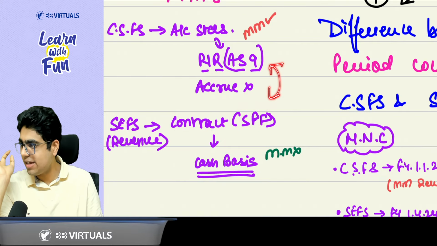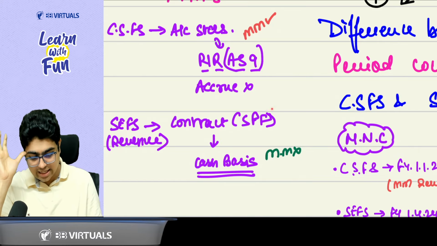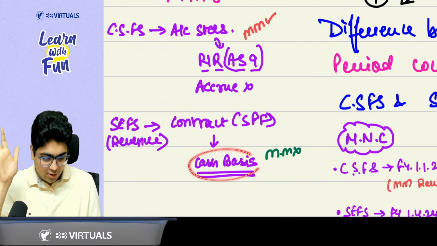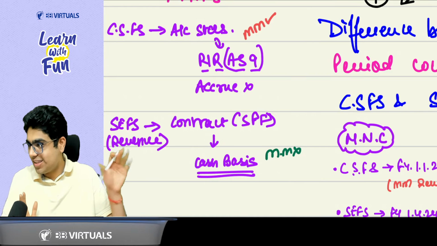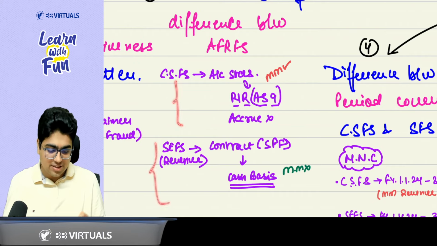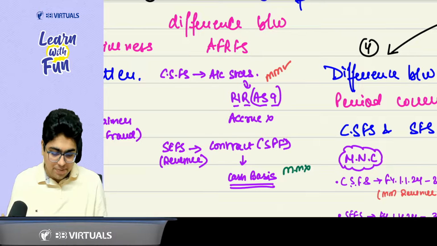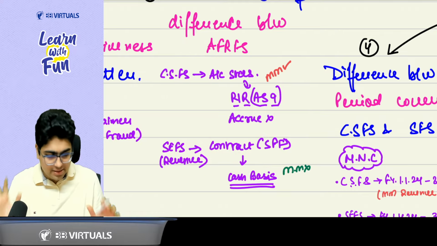Can I say the FRFs are different? Yes, sir. Here the FRF is accounting standards; here the FRF is the contract. The contract says revenue should be recognized on a cash basis only. So can I say there is no material misstatement here? No, sir, there is no material misstatement here. Here it is a material misstatement because of this FRF, but here, because this FRF allows the cash basis, there is no material misstatement.